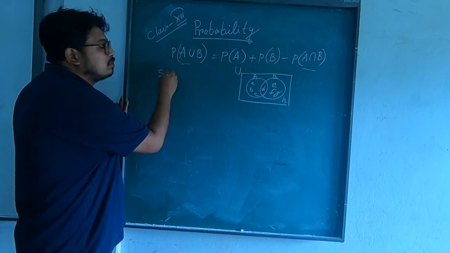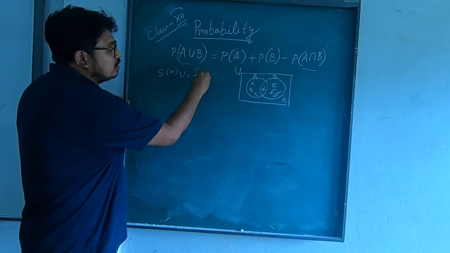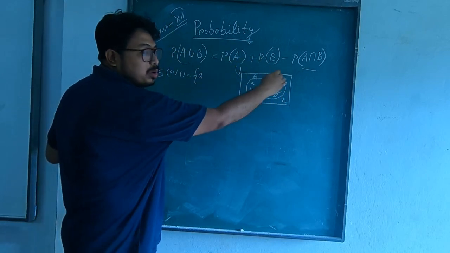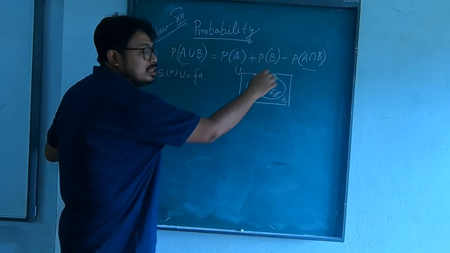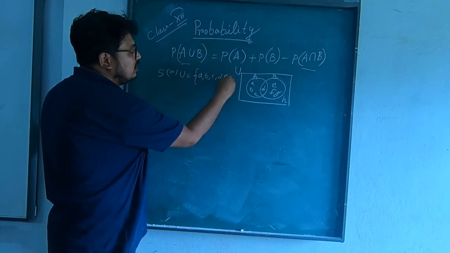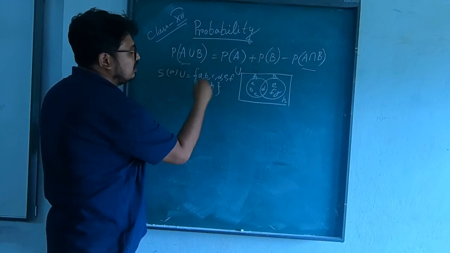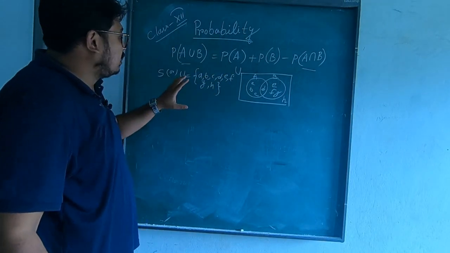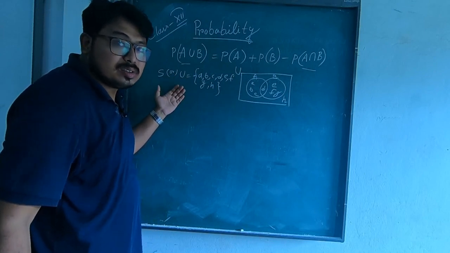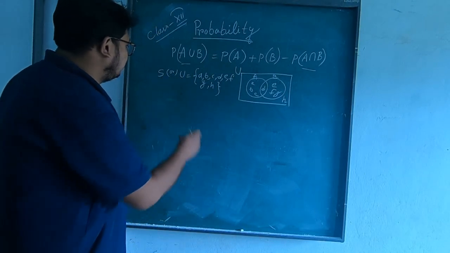Now we will find out the sample space, that is the universal set. How many elements are there? Whatever is inside this square box is called the universal set: A, B, C, D, E, F, G and H. These are all elements of the universal set, or we can call it a sample space.